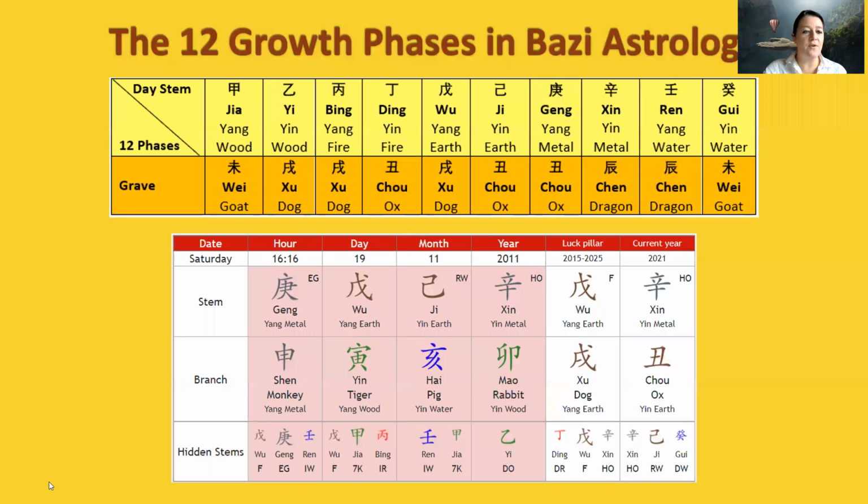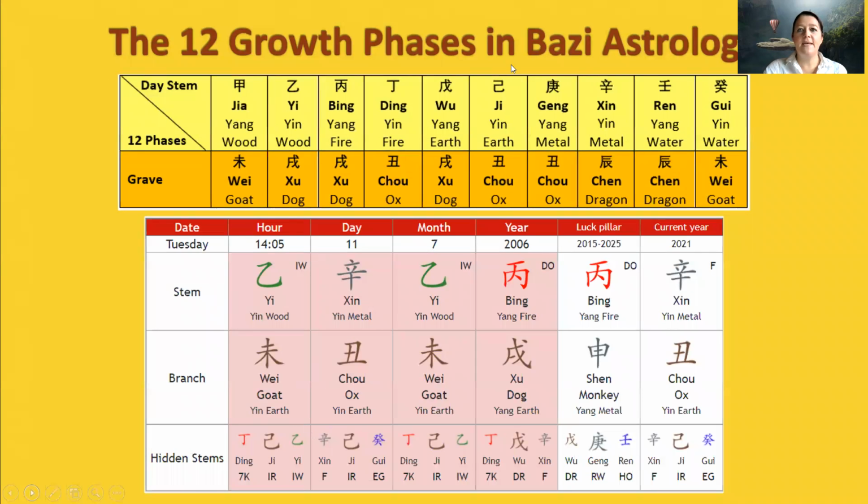Now let me show you another example. Here, again, we look first at the day stem. This person is born on a Xin metal day. Yeah, this is the day stem. Xin metal is the yin polarity of metal. Checking back, taking this as a reference, we find Xin metal here, and the grave phase is associated with the dragon.